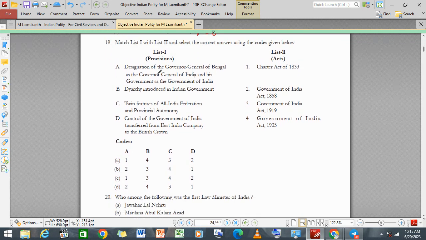Question 19. Let's move forward. Provisions and acts have been given.